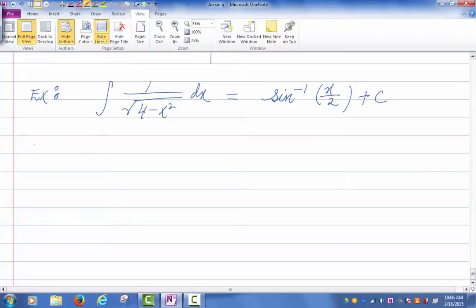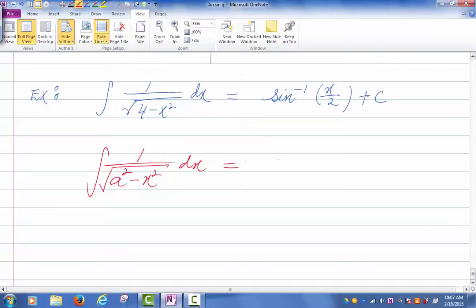Generally speaking, I don't even want to call that a theorem, or an example. Let me just say this is a formula, but you don't have to remember it if you know how to derive it. This is the integral of 1 over root of a squared minus x squared dx.